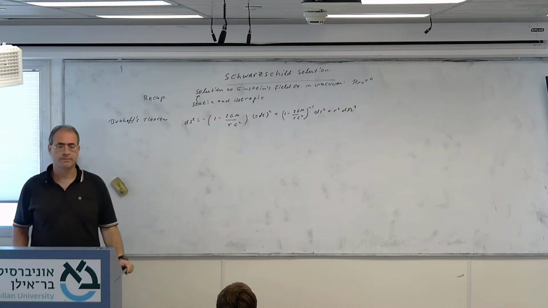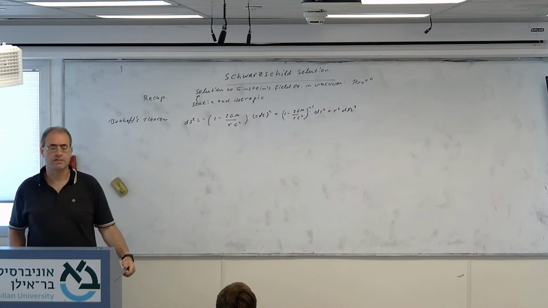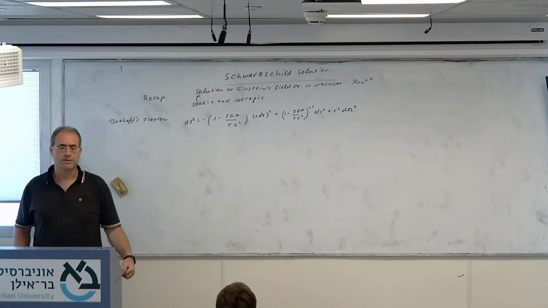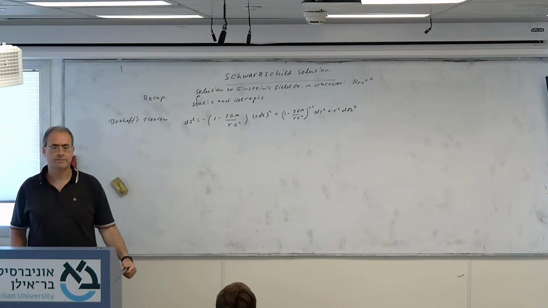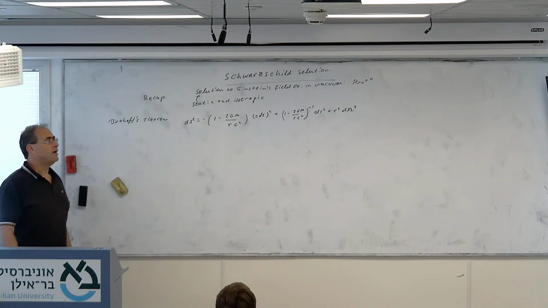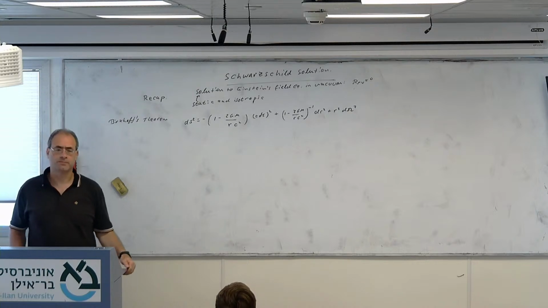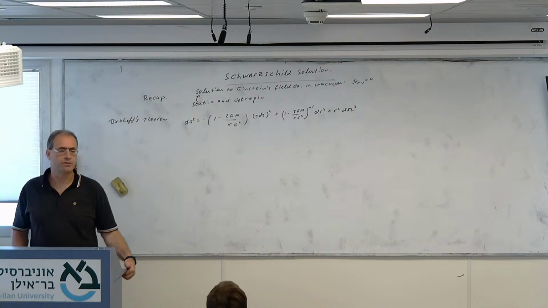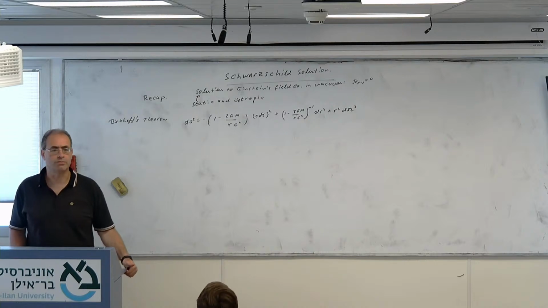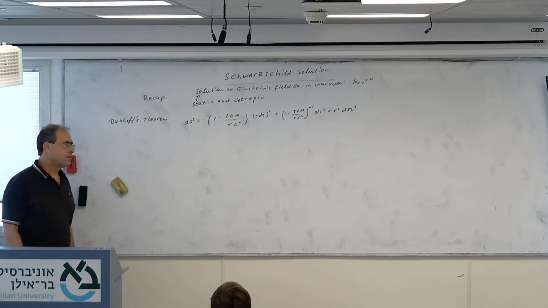Yes? For the other cases, is there a theorem that says that the only solution for those cases is this one, or can there be other solutions? I'm not aware of that. So it's very well possible that there are many other solutions to Einstein's equation which are simply not known here.